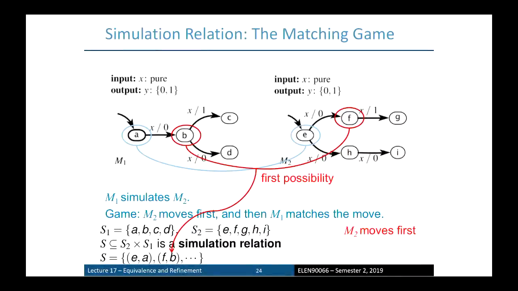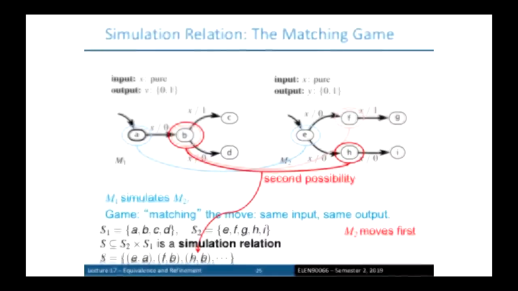So the first possibility, well, this only has one possibility, right? If X is present, it has to go to B. But this one here can either go to F or H. So the first possibility, if we take that transition, because it's non-deterministic, we get the tuple FB as the joint simulation, the set of states in the simulation relation.